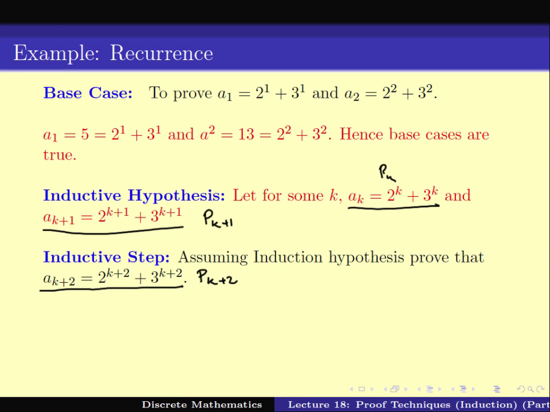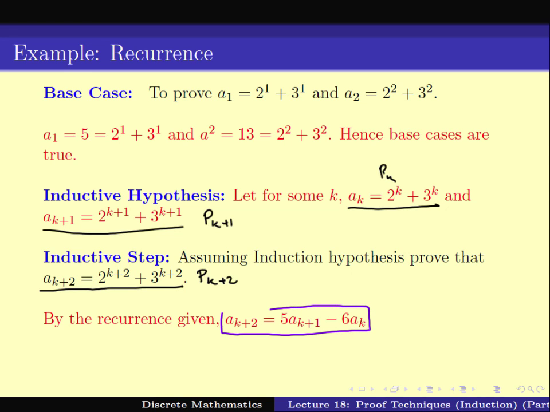Now let's see how we can solve it. Quickly recall that we were given this particular recurrence relation: a_(k+2) equals 5 times a_(k+1) minus 6 times a_k.